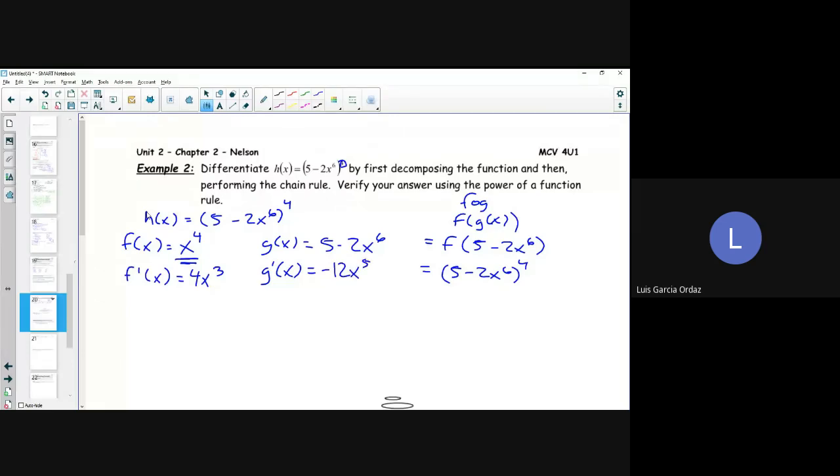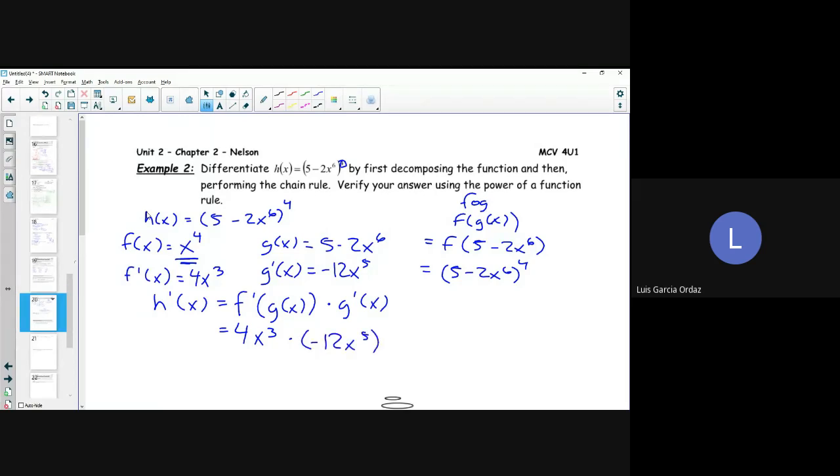Perfect. So now we can use our chain rule, which states that the derivative of h of x is equal to the derivative of f, where g of x is contained in, multiplied by the derivative of g of x. So the derivative of f of x, we said, was 4x cubed, times the derivative of g of x, which is negative 12x to the 5.